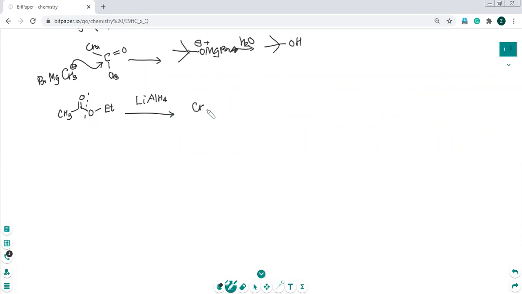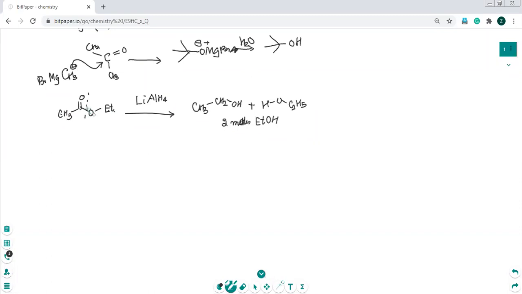You get CH3CH2OH plus, this side is also forming an alcohol. Same thing, 2 moles of ethanol. Here there are 2 carbons, here also 2 carbons. Therefore you are getting the same alcohols on either side of the ester.